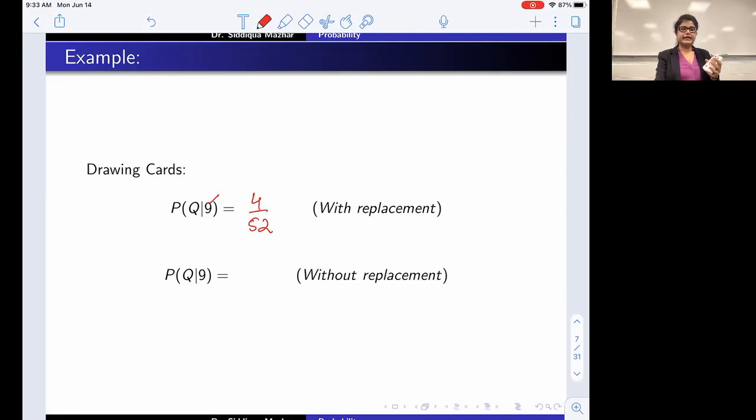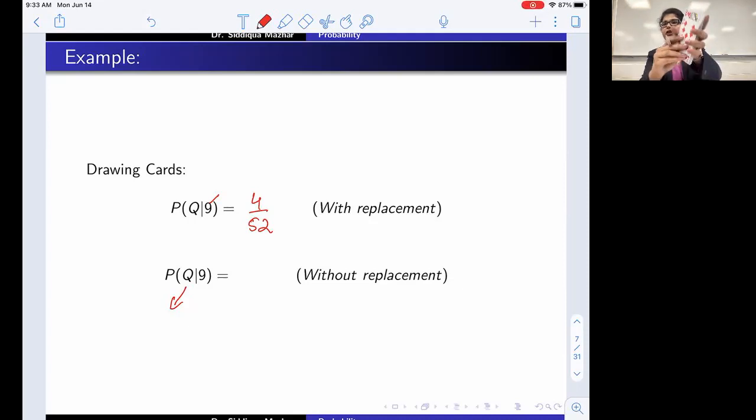But in a second experiment, we're looking for the probability of finding a queen, given that the probability of finding 9 has already happened, but without replacement. Say these are the total 52 cards I have.